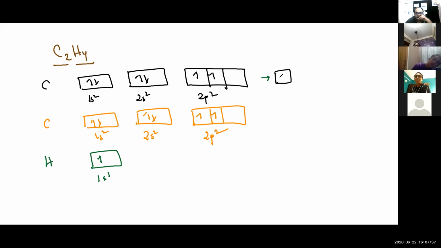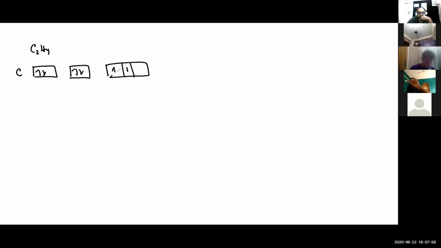I'll just redraw it. C2H4, carbon: 1s2, 2s2, and 2p2.